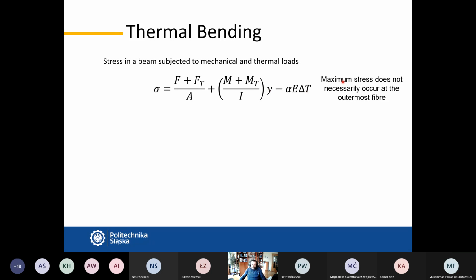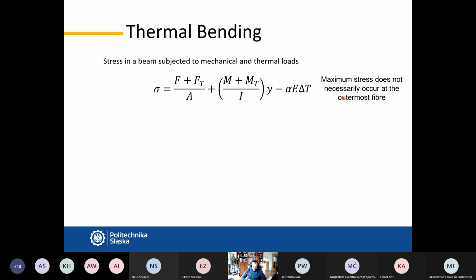In general, now, in a case where we do not have temperature distribution, so there is no thermal loading applied, the maximum stress occurs always at the outermost fibers if you measure from the central line, so from the neutral axis.